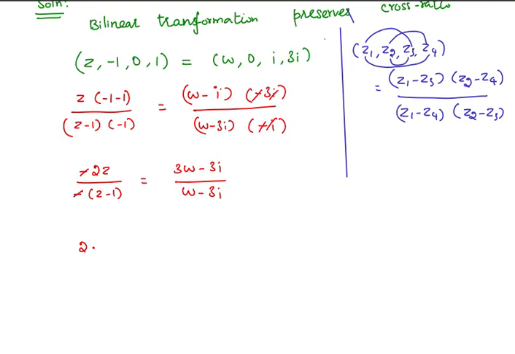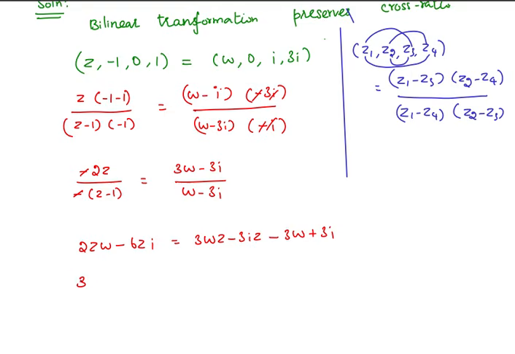This is our point. Now we cross multiply. So 2zw minus 6zi equals 3wz minus 3iz minus 3w plus 3i. Now we want w on one side and z on the other side.